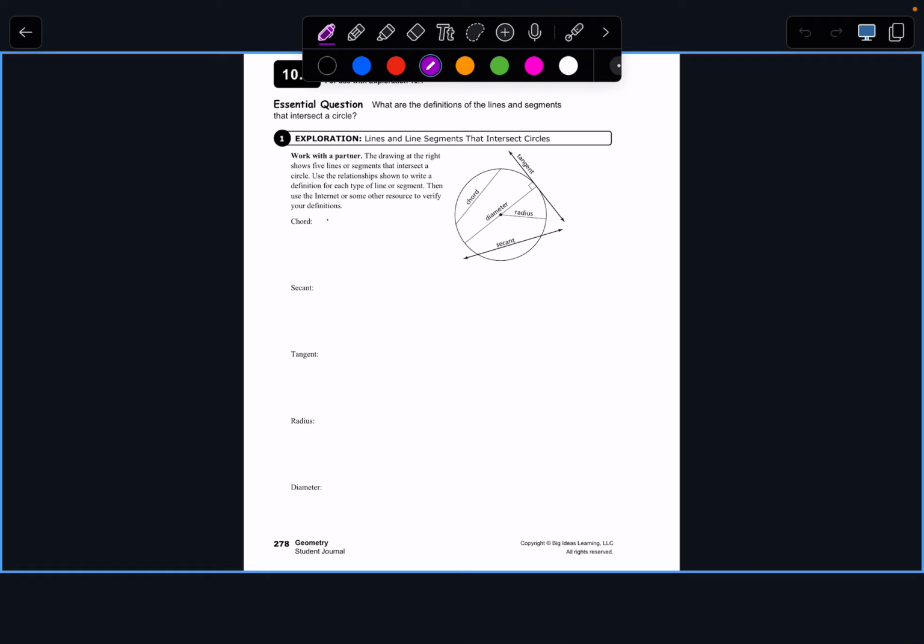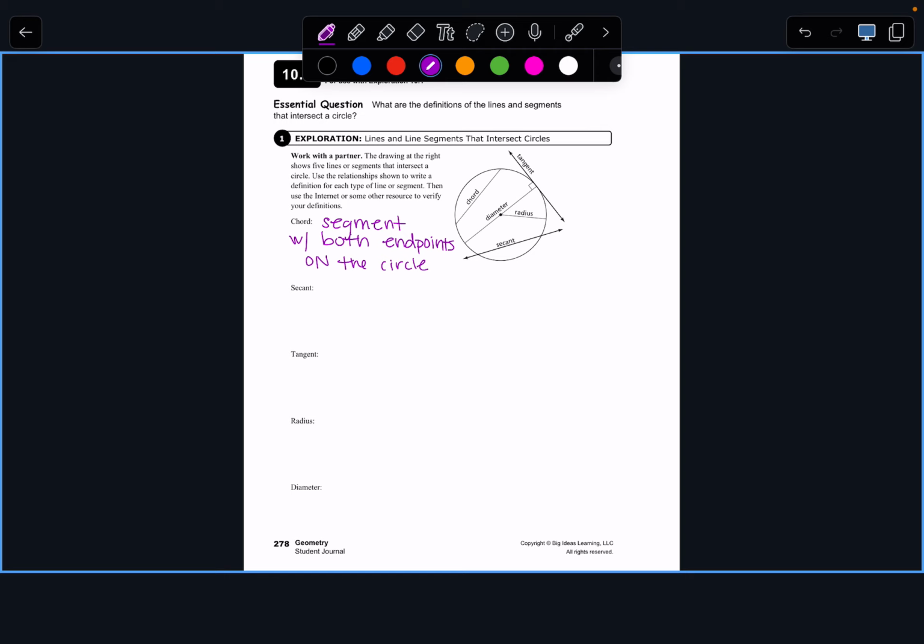So is any line inside the circle? Wait, so would the diameter be a chord? It is a segment with both end points on the circle. Sydney brings up a great question.